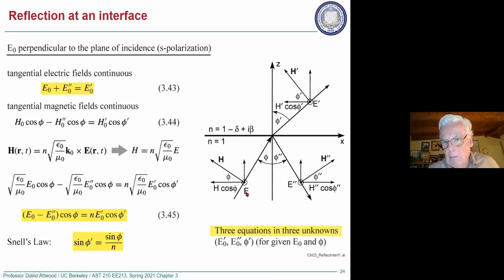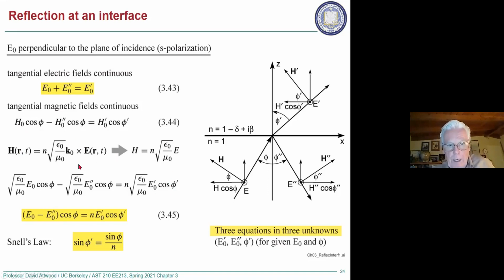E double prime over E, and in fact, the reflectivity is the square. What's it going to be? We have these boundary conditions on the electric field and the magnetic field, and we know the relationships between the magnetic field and the electric field, so we can do it all in terms of the electric field.